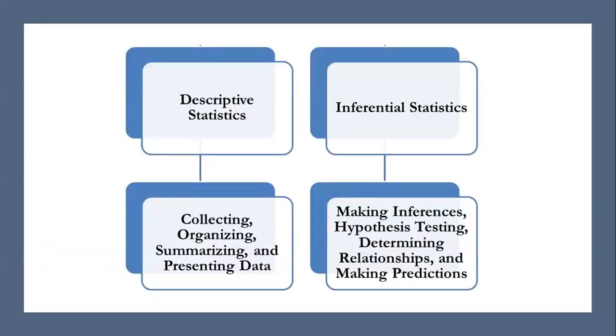So just in summary, we now know that descriptive statistics is all about collecting, organizing, summarizing, and presenting data. And in addition, inferential statistics is all about making inferences, hypothesis testing, and determining relationships between variables so that we might make predictions about those variables.